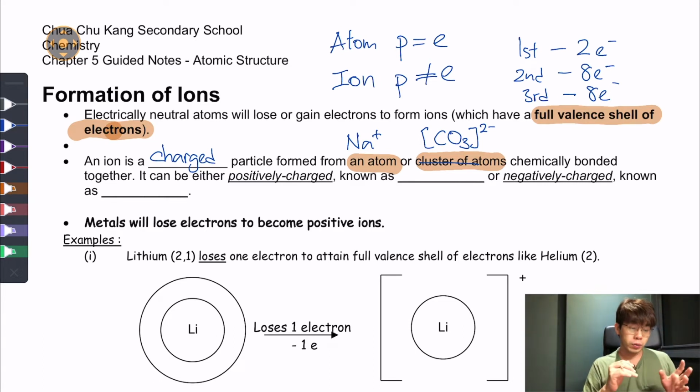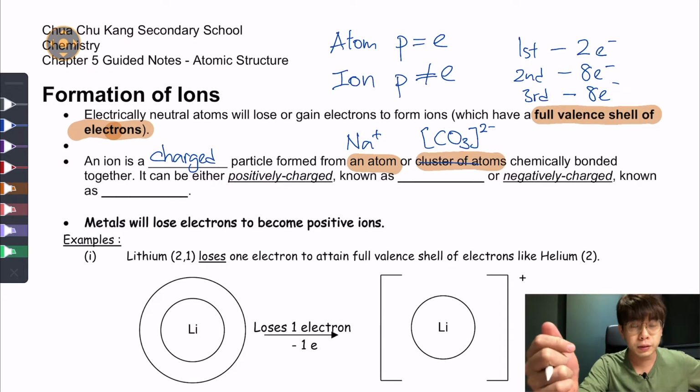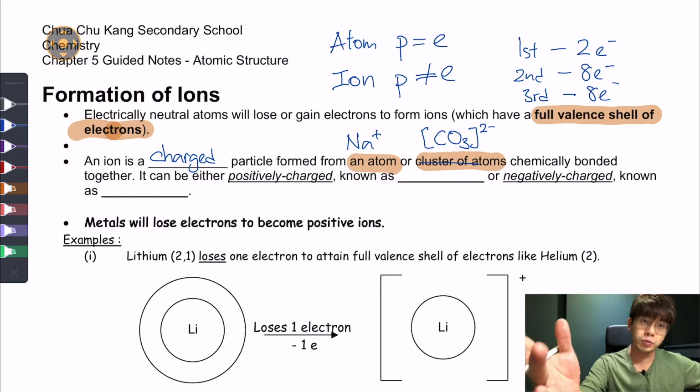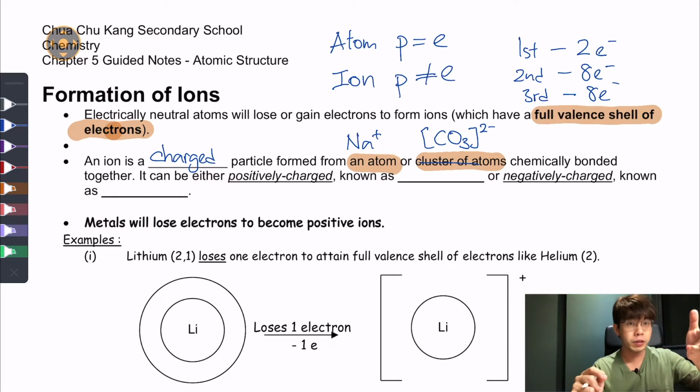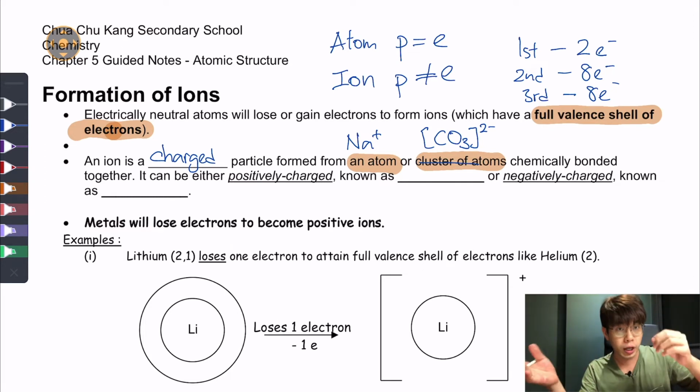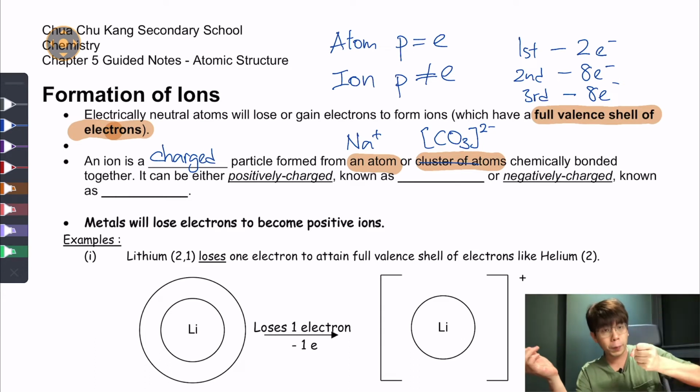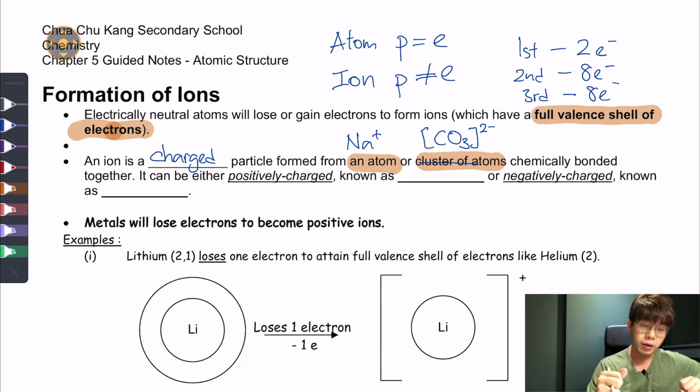Now, an ion can be positively charged. If an ion is to be positively charged, which particle needs to be more, protons or electrons? Protons are positively charged, electrons are negatively charged. So if I have more positive charge than negative charge, I'll be overall positively charged.